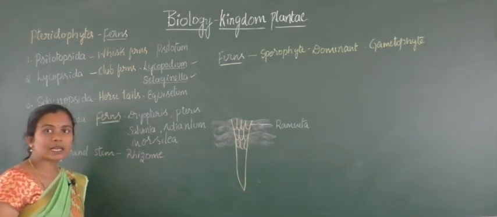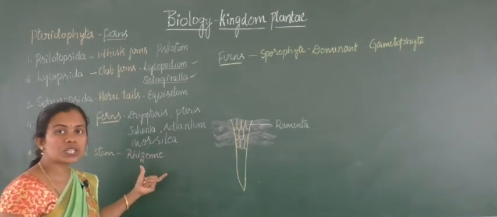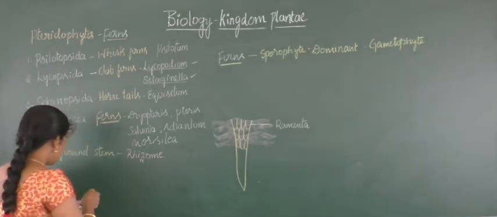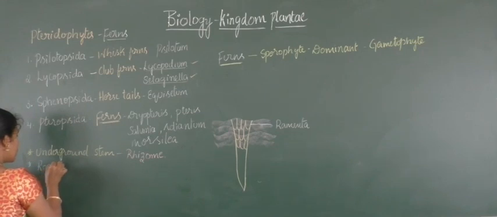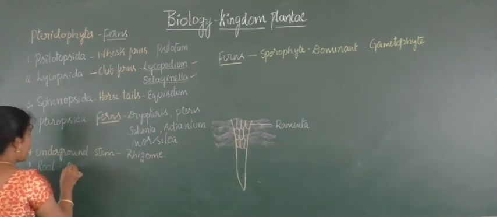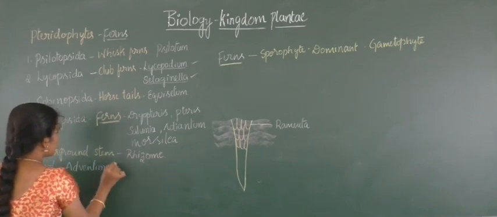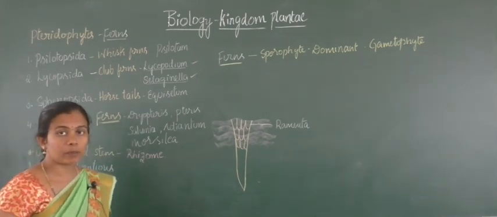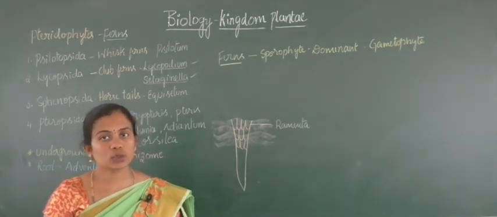Rhizoids differ from rhizome. Remember, rhizoids are unicellular-like structures, but rhizome is the underground stem of a pteridophyte. On an underground stem, there will be roots which are true roots in pteridophytes, and they are always adventitious roots. You know that 3 different types of root systems are there in the plant kingdom: taproot, adventitious root, and fibrous root system, right?